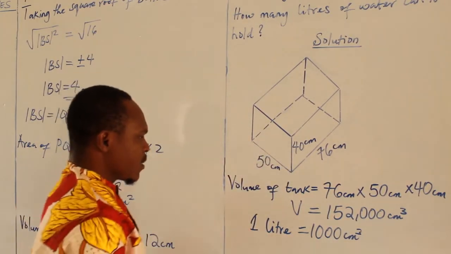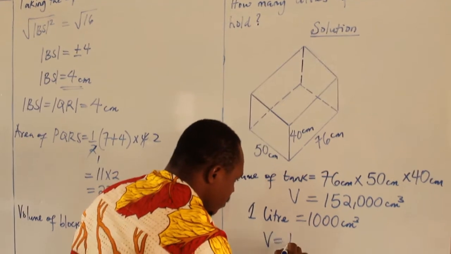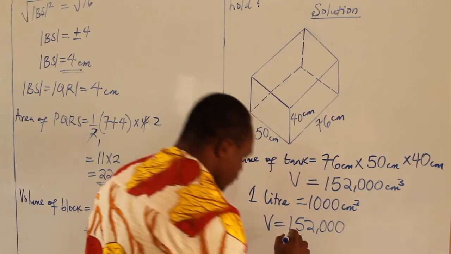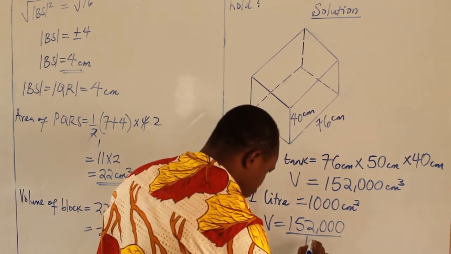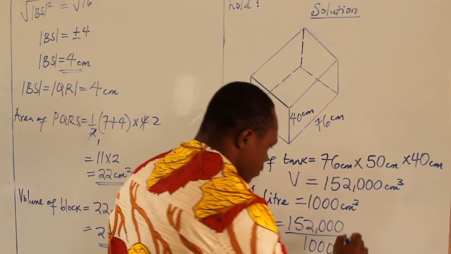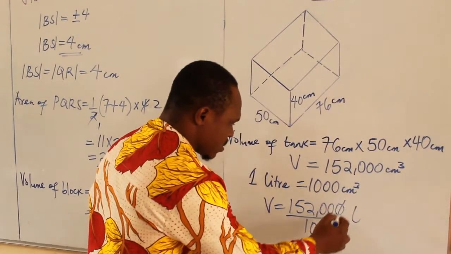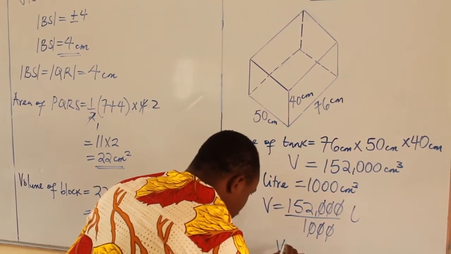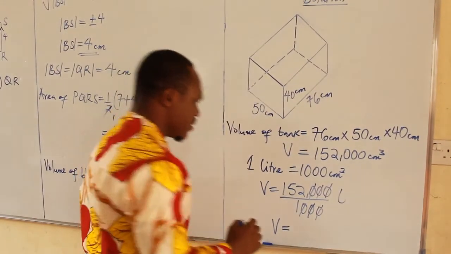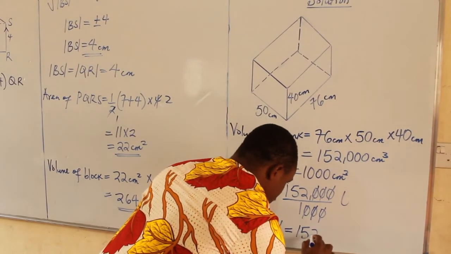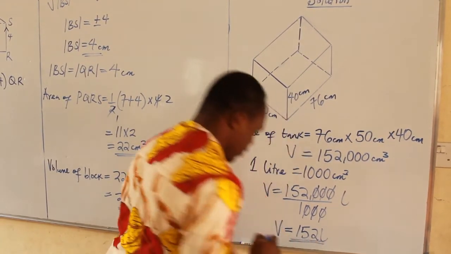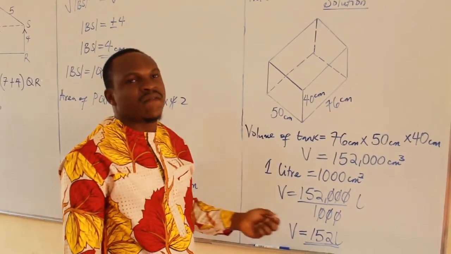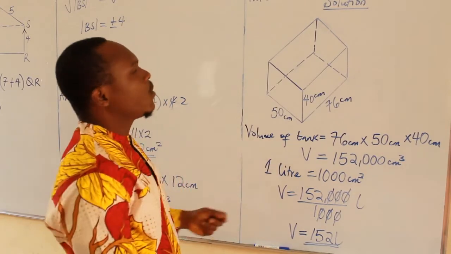So therefore, our volume of tank V will be equal to 152,000 cm cube, all divided by 1,000 cm cube to give us liters. This 0 cancels this cancels this cancels this, and we're left with our final answer. The volume of the tank is equal to 152 liters of water. That tells us that this particular tank can hold a maximum of 152 liters of water.